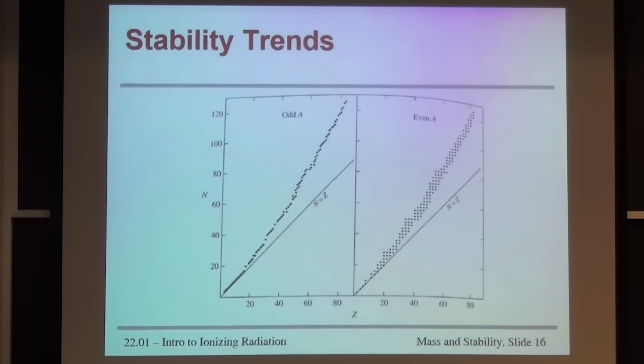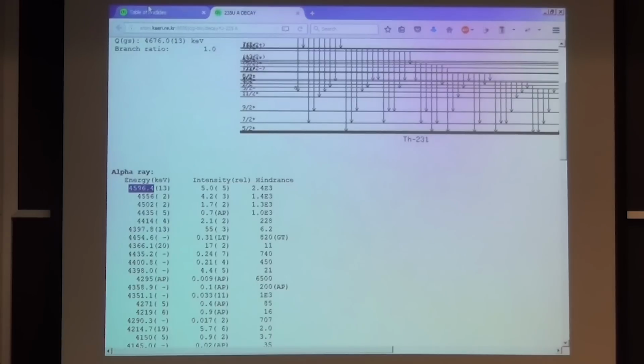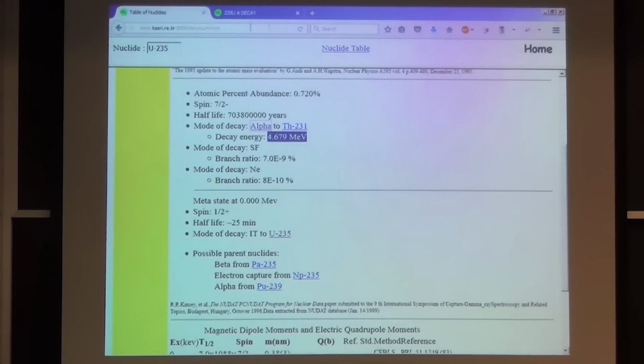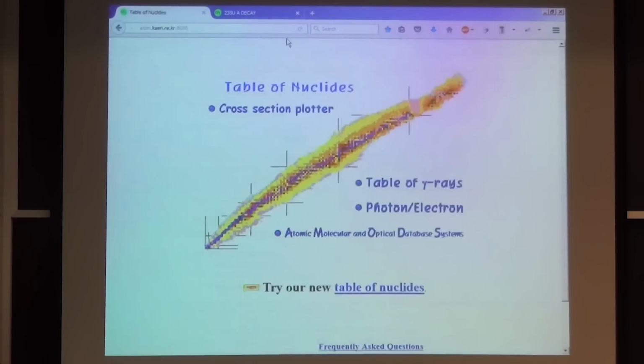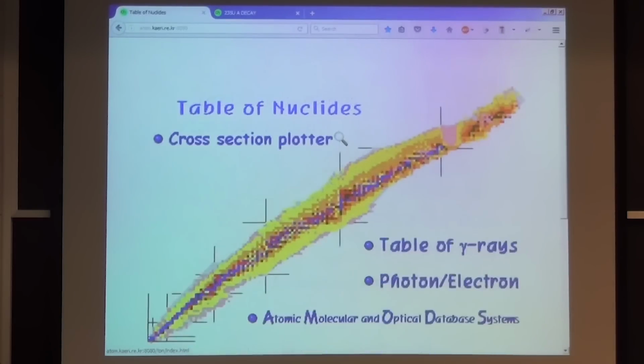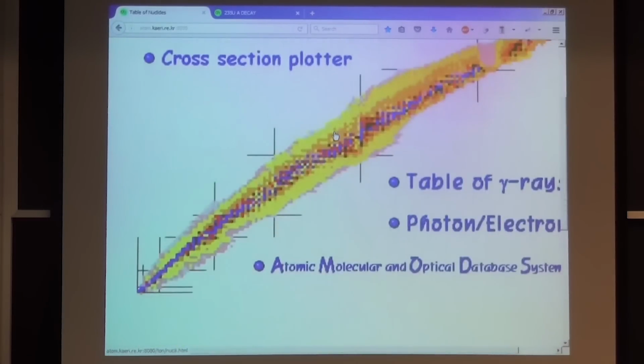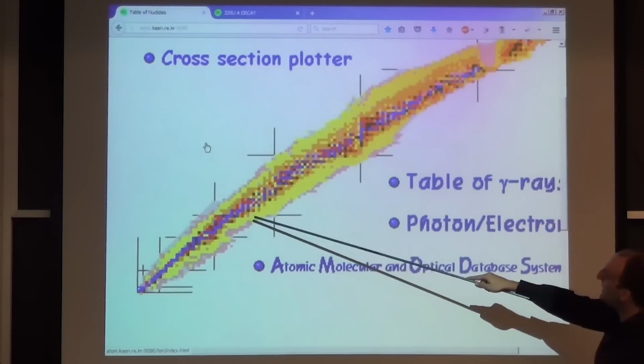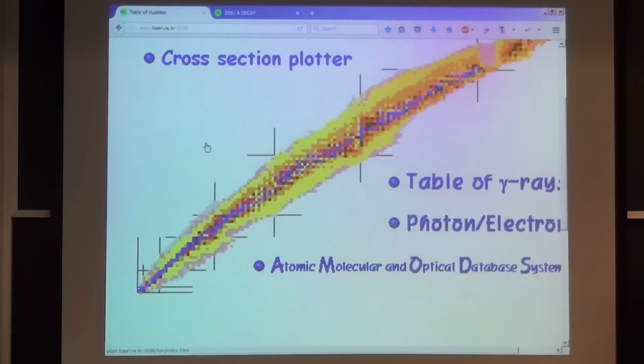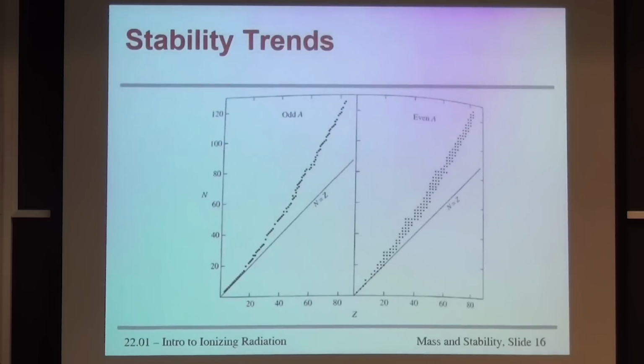If you look at the KAERI Table of Nuclides, let's go to their home page, and just look at it in a color way. The blue colors are stable nuclei, and you notice that every other row of pixels here has a whole lot more stable ones. That's the same thing that we're seeing right here, that there's a lot more even nuclei that are more stable.